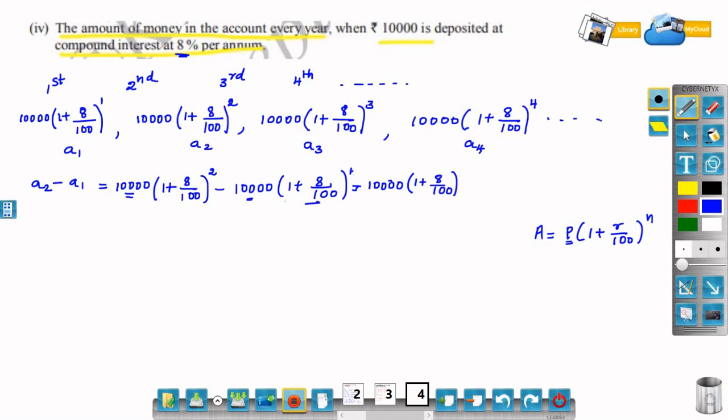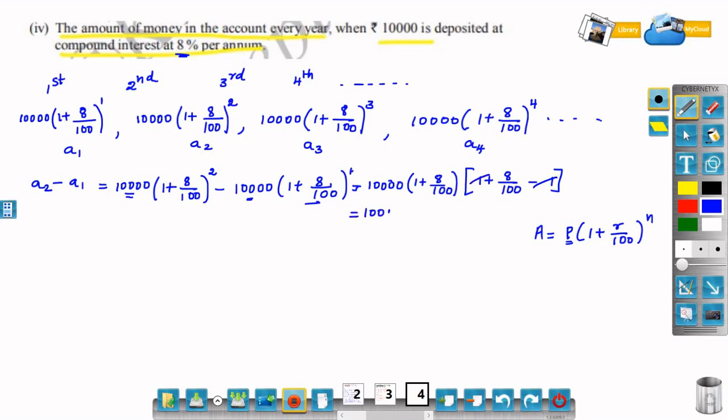Remaining is 1 plus 8 by 100 minus 1, so the 1 and minus 1 cancel.